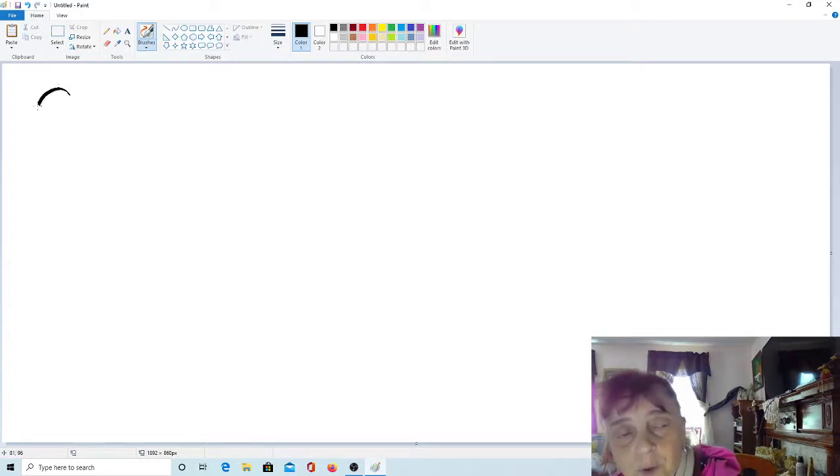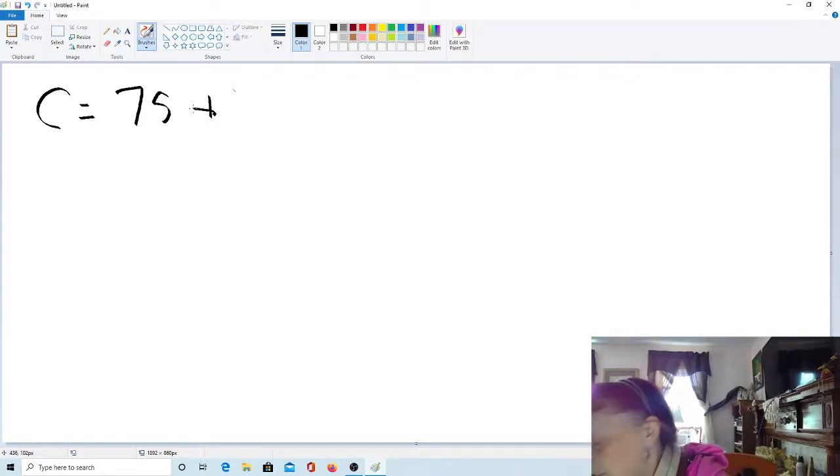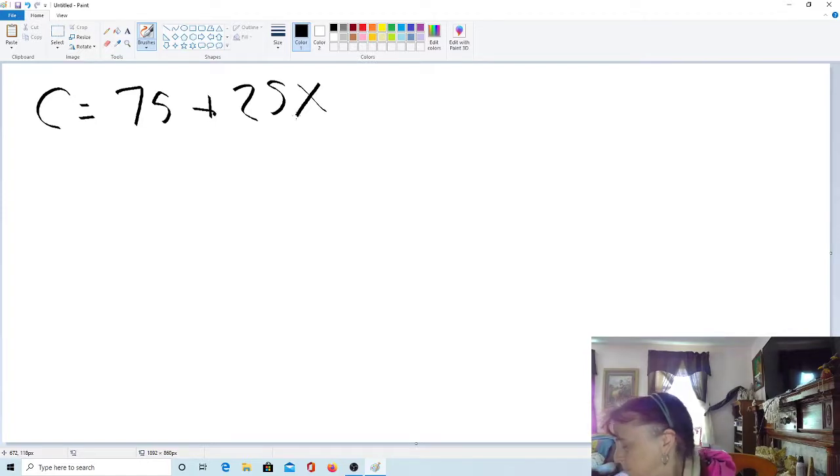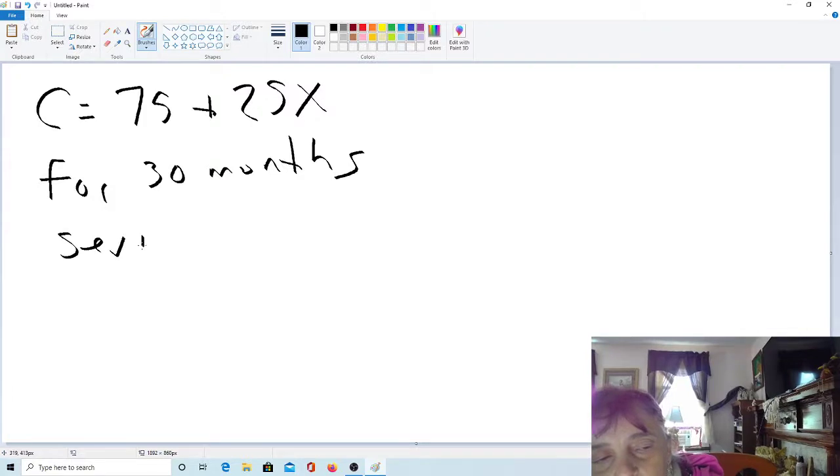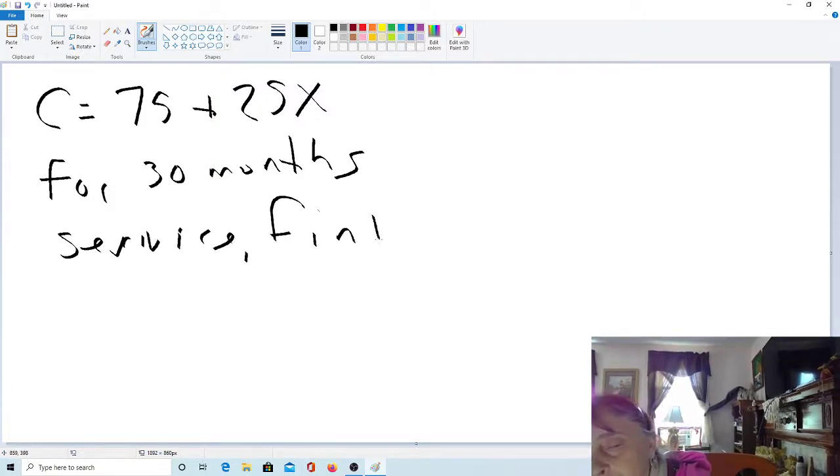So if you're given this equation, C equals 75 plus 25x, for 30 months of service, let's find the cost.